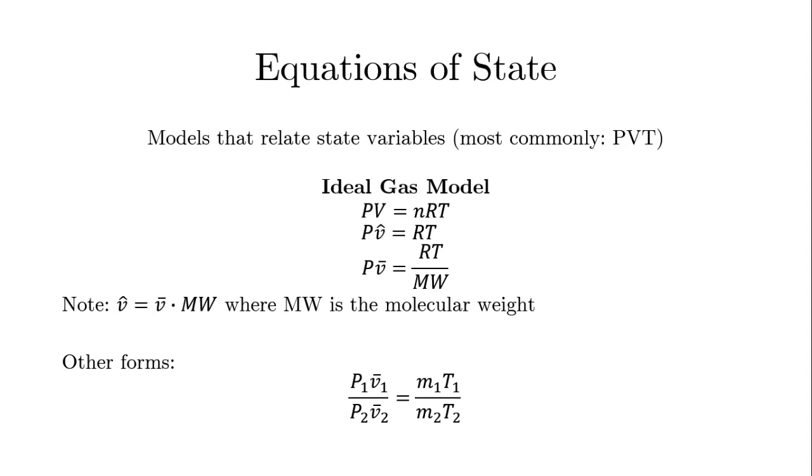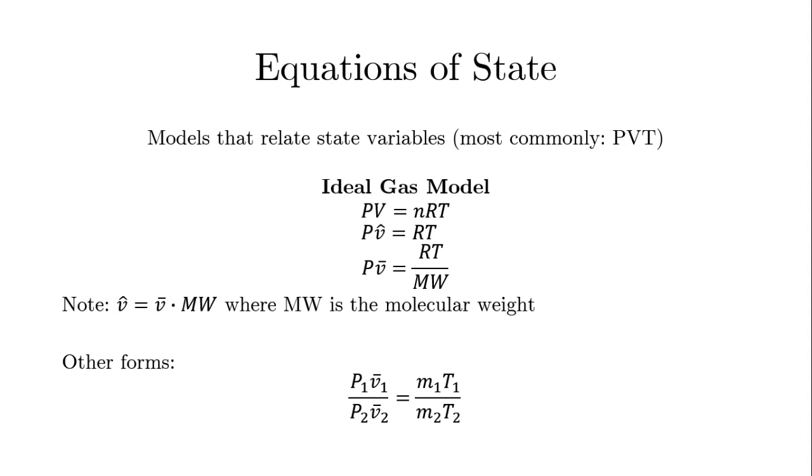So worry not. Okay, so I could use that specifically to get specific state variables directly from this equation. I can also use the ideal gas to see how things change from one state to another.